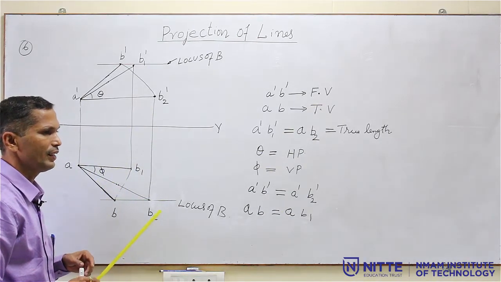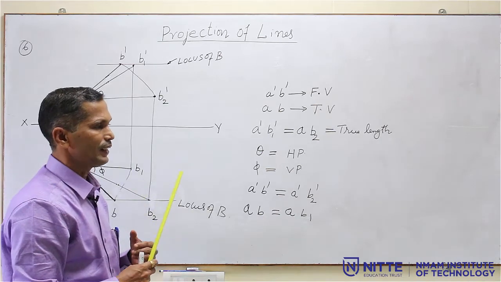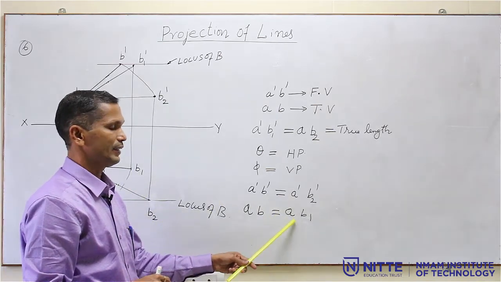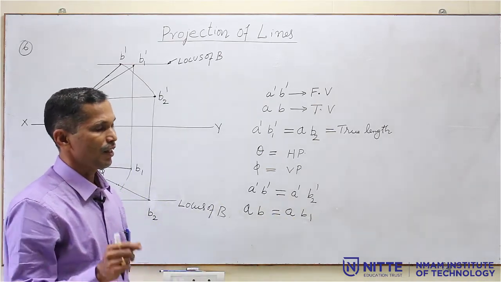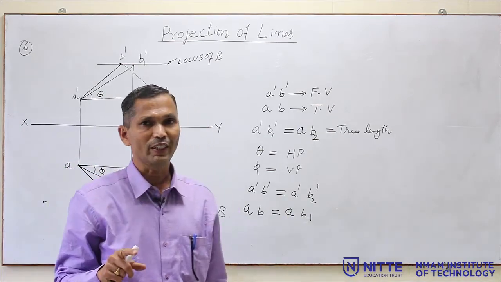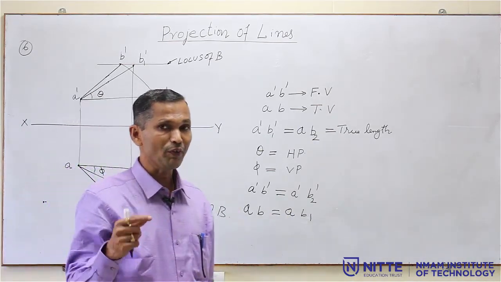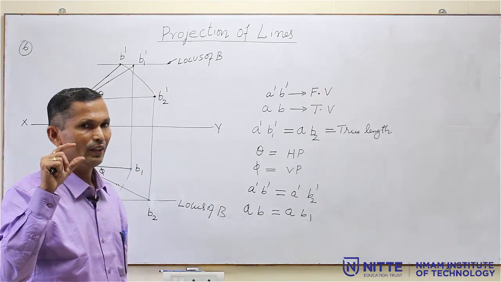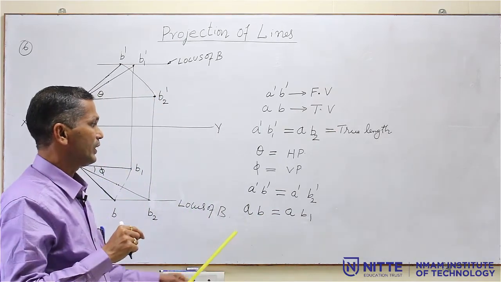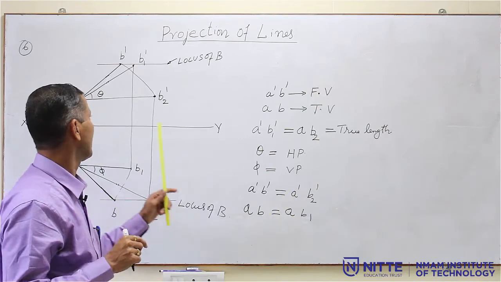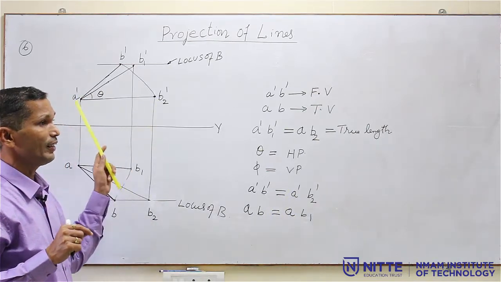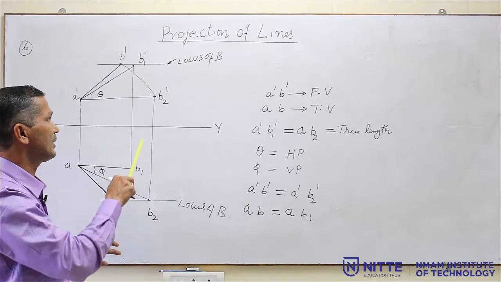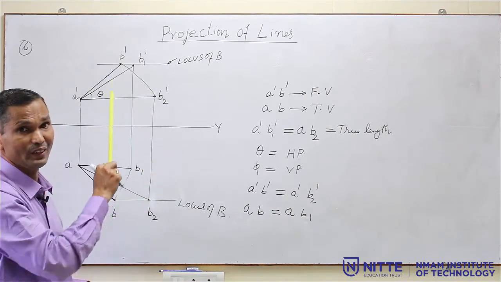Simply if you know the distance or the length, then I can draw these lines. That means suppose in a problem either the front view length or the top view length is given without giving the inclination, then you should know I can draw this line or I can draw this line. This is quite logical thinking. You have to think in a logical way, then finally you will get this solution.